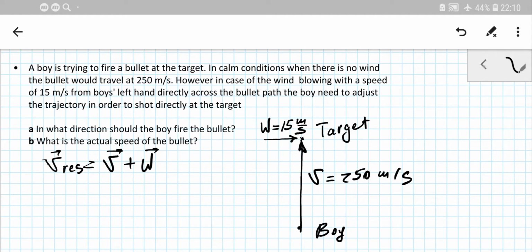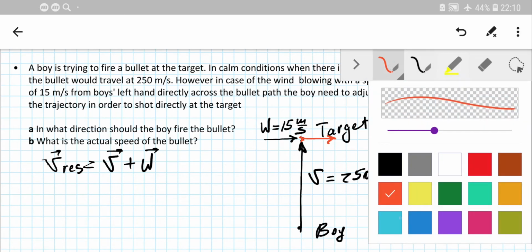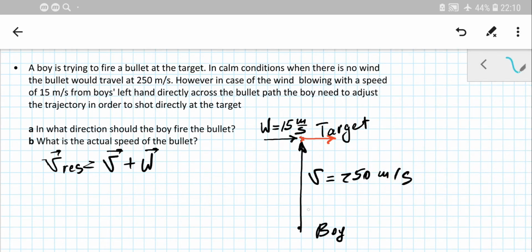According to the addition rule, we translate the w vector so that they arrange a triangle. According to the triangle rule, I'll use the blue color, the bullet's actual path will be the hypotenuse, this vector.